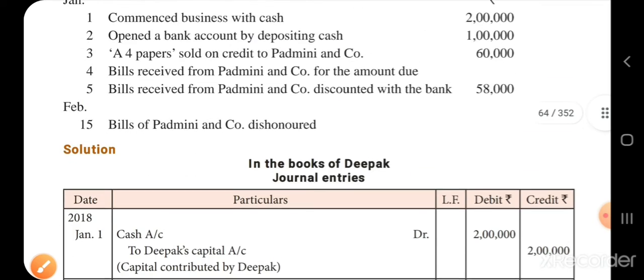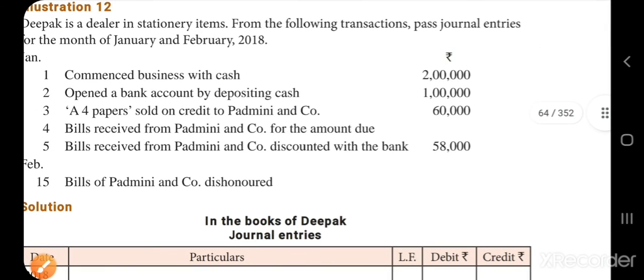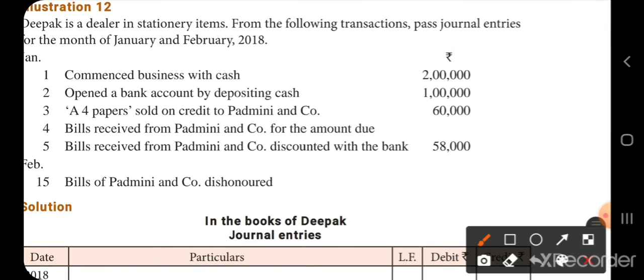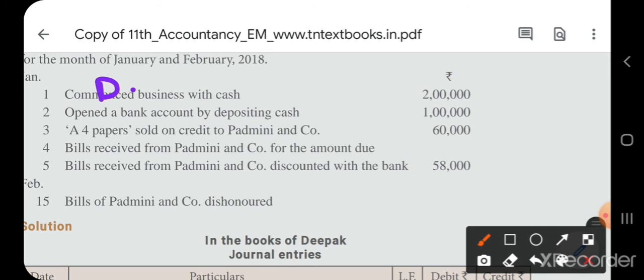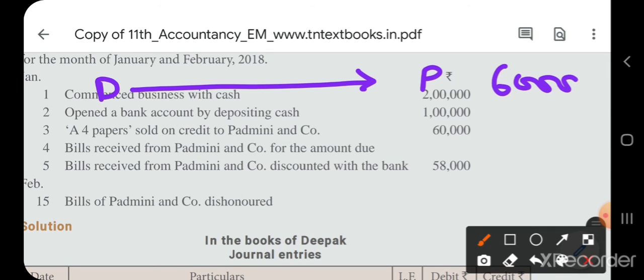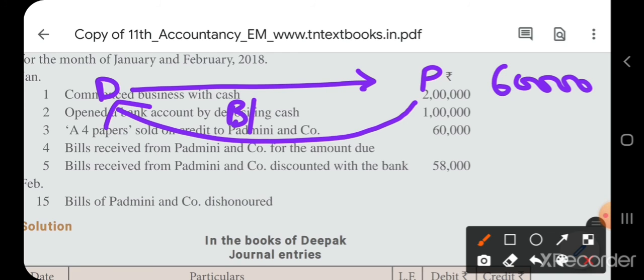Now the next transaction, bills received from Padmini discounted with the bank for 58,000. So Deepak has sold the goods to Padmini worth rupees 60,000, and in the second transaction, Padmini has given a bills receivable to Deepak for 60,000.